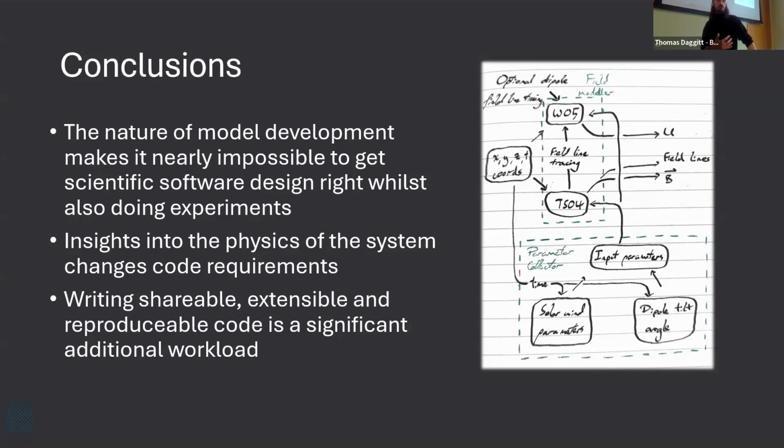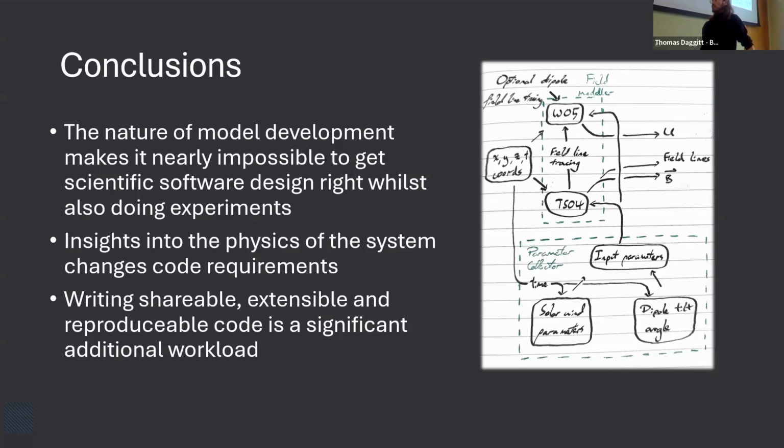If you don't know exactly what you're going to do with the software or how it needs to behave, then designing it the right way is a shot in the dark. The reason for that is that the insights of the physics do change what your requirements are. It's a learning process writing these models.